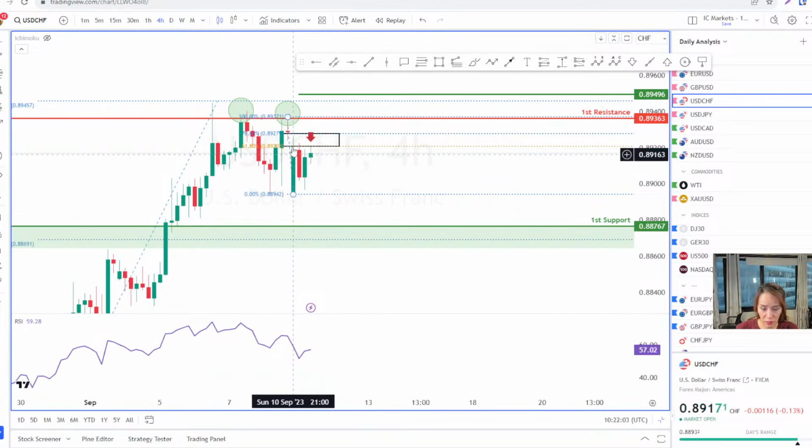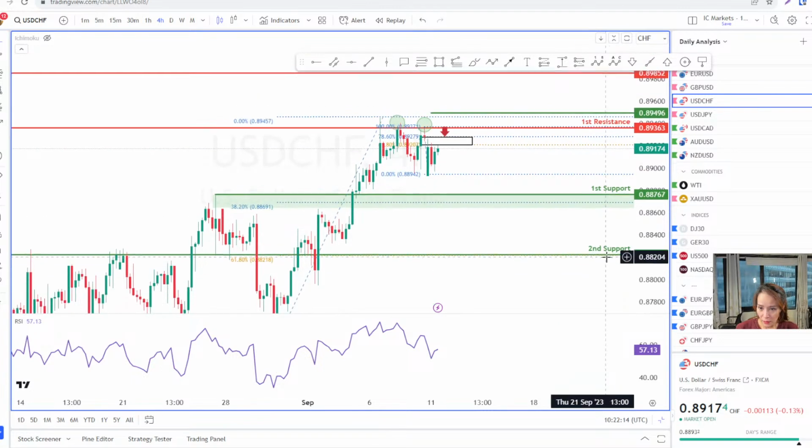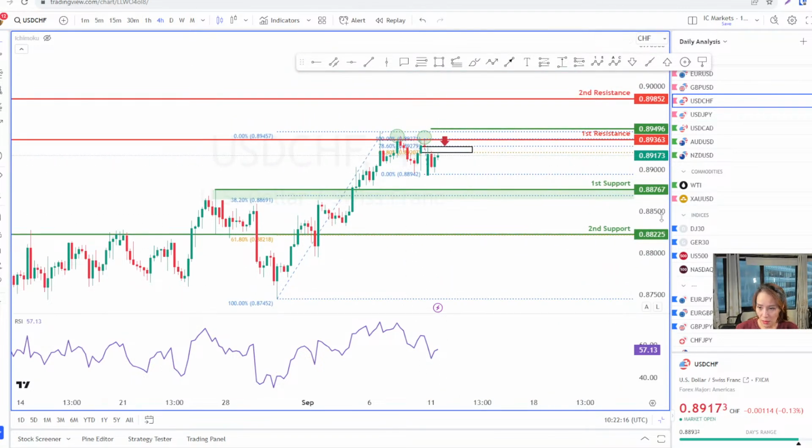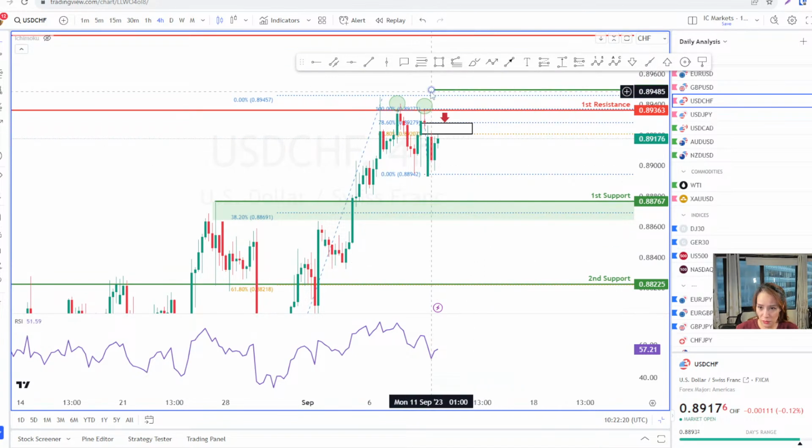And then this morning we do have a gap here. So basically, I think I will wait to sell if the price comes to my discounted zone somewhere here. That's why I just labeled my sell zone here.